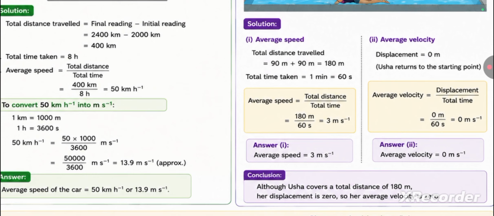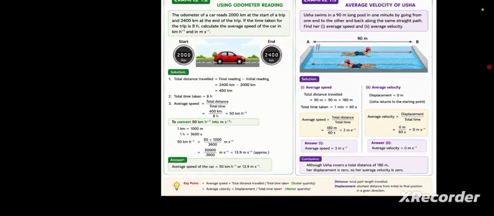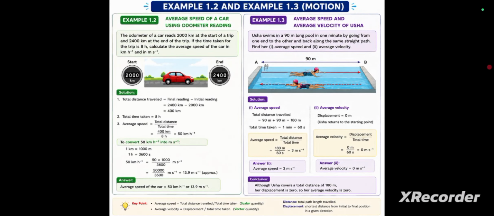So we have to understand this topic: although Usha covers a total distance of 180 meters, her displacement is 0, so her average velocity is also 0. Okay, it is the answer of example 1.3.